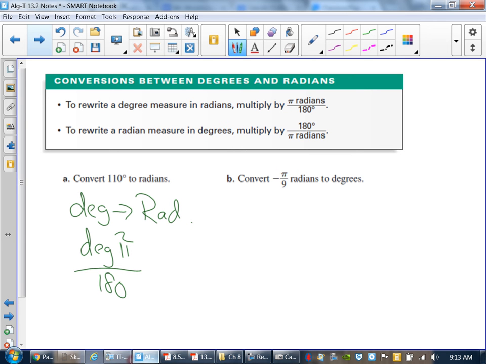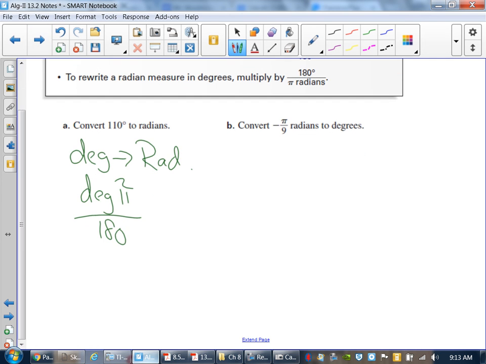So if I wanted to convert that 110 degrees into the radian measure, I take that 110, slap a pi next to it, throw it over 180, and try to simplify. What can you simplify? The zeros. You get 11 pi over 18. Okay.